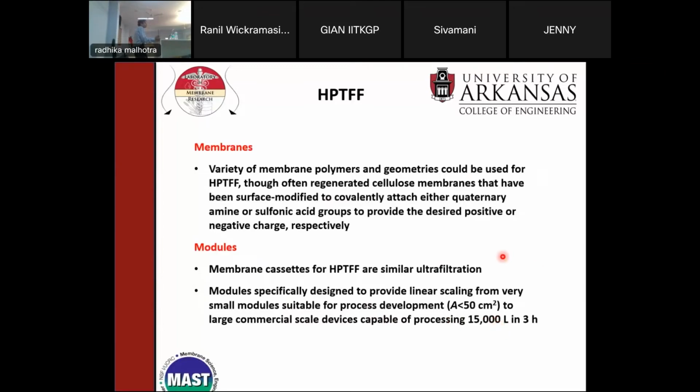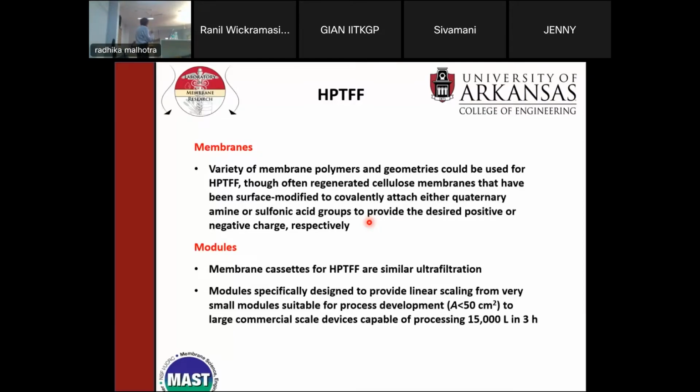A variety of membranes and geometries have been used. Those membranes that have been surface modified to covalently attach either quaternary amine or sulfonic acid groups tend to be the desired ones. Regenerated cellulose has low non-specific adsorption, and you can modify it very easily.